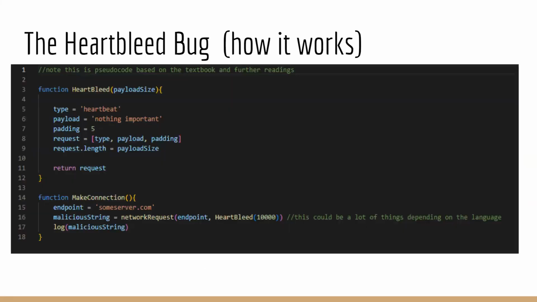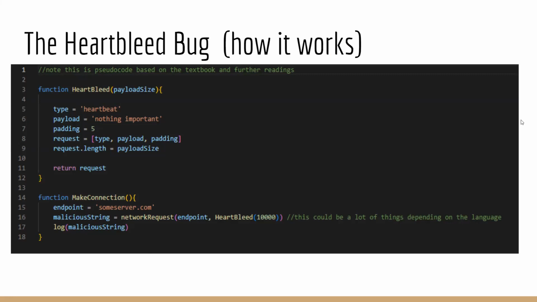Based on some reading, I have included some pretty simple pseudocode showing how this would work. This is vastly simplified, but essentially you would simply specify a much larger payload size than you had actually sent. So in here you can see I'm simply requesting a heartbeat, nothing important in there, just some back and forth, and then sending a request.